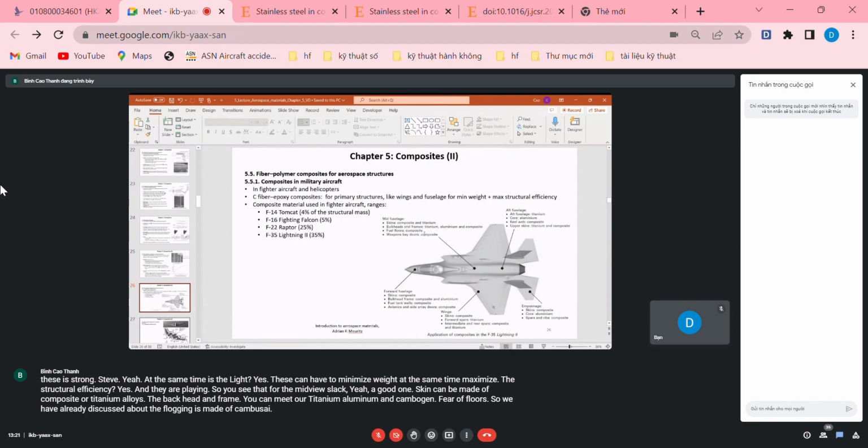It's made of composite, and the composite is created based on, for example, pultrusion technologies. The weapon bay door is made of composite, so quite a large amount of material in the aircraft is composite.